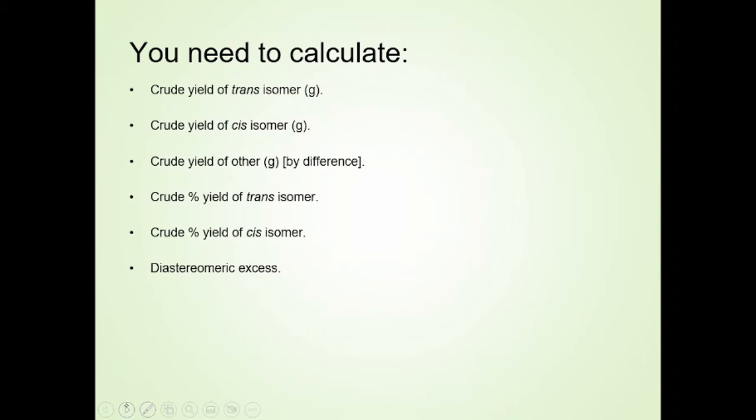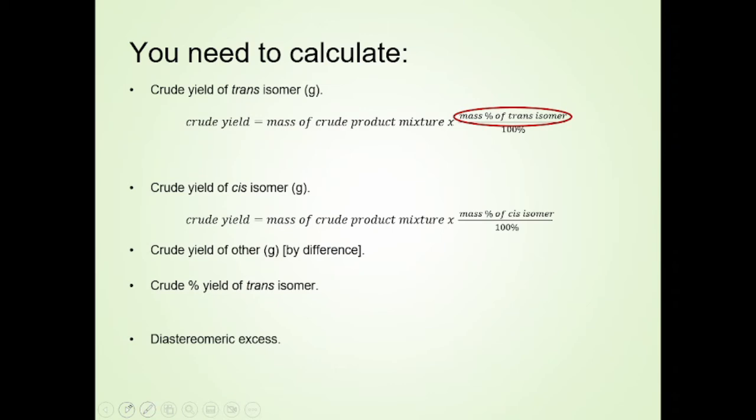Okay. All right, calculations. Crude yield of trans isomer, crude yield of cis isomer, crude yield of other by difference. We'll go over these. As I mentioned, at the end of the experiment, you weighed something out and you got a mass. But as you know from your chromatograms, they're not pure.